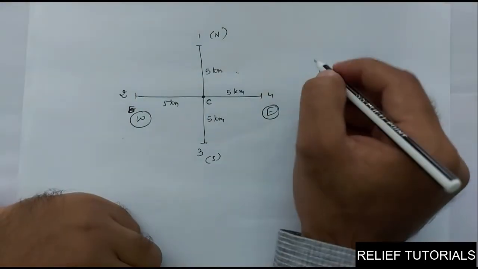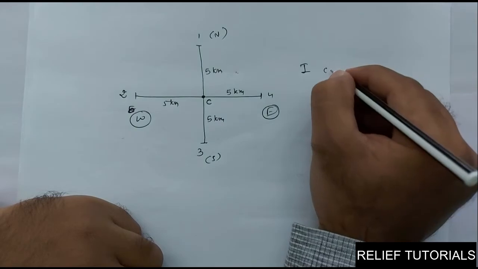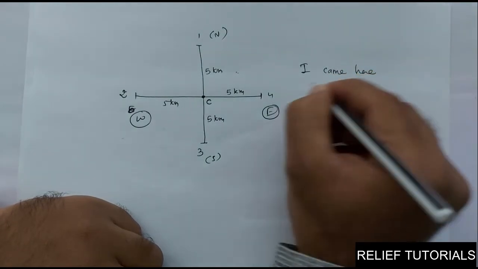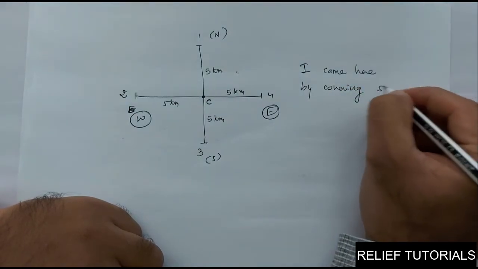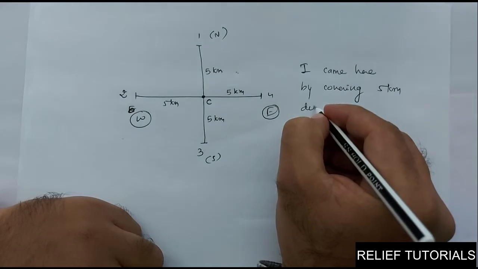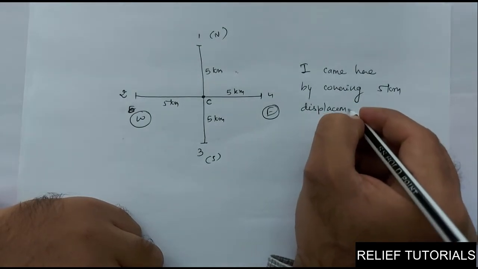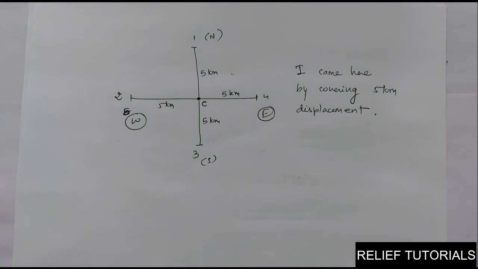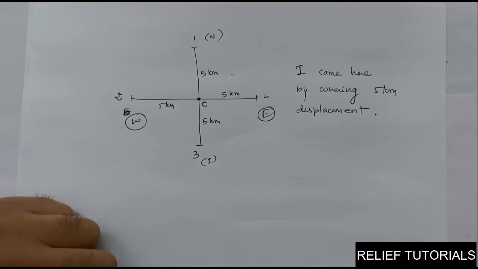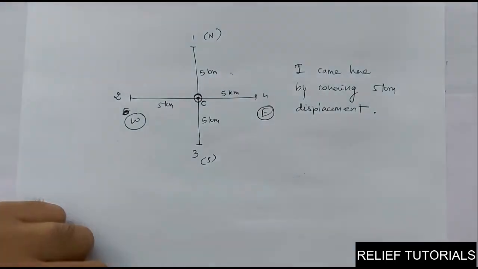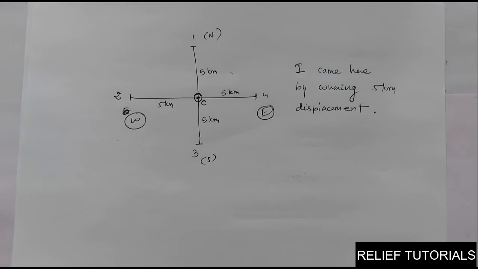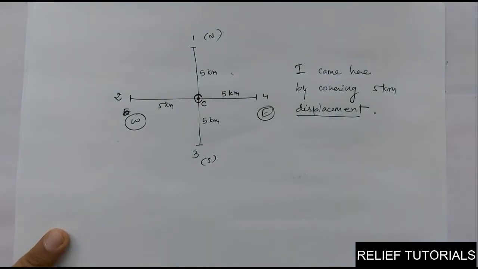If I say this is my statement, that I came here at C by covering 5 kilometer displacement, then what will you take the meaning of this? Now 5 kilometer displacement means 5 kilometer away point, straight distance away point.